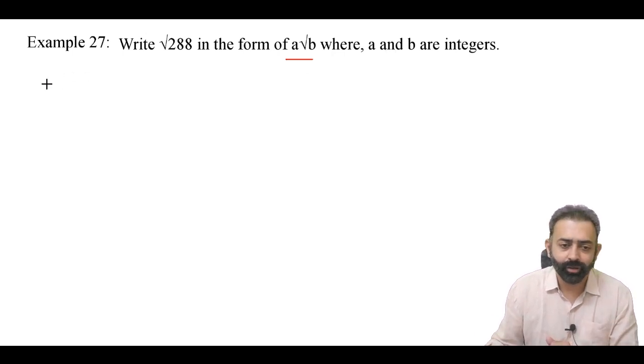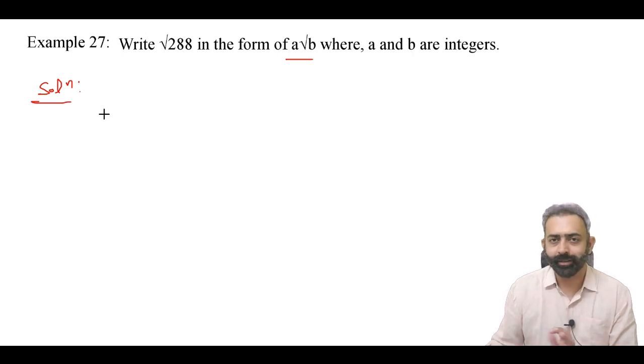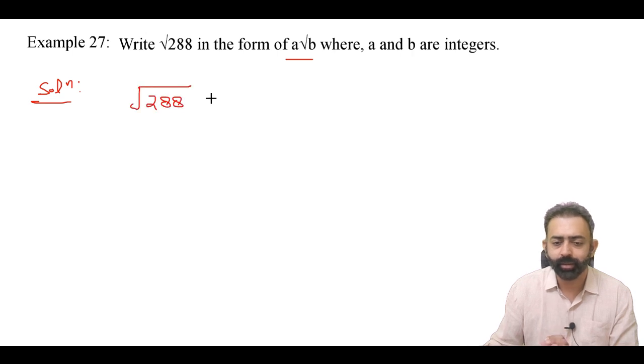So here in root 288, we write 288 as its prime factors, and not just prime factors, such that you get a number which is a perfect square.